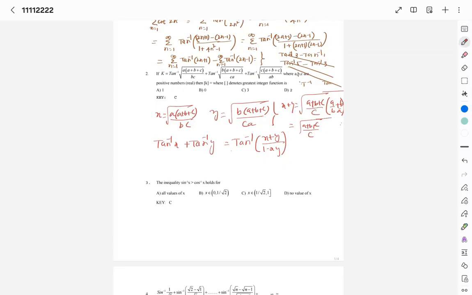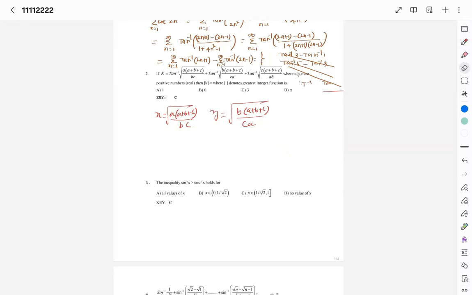What can I take common? I can take a plus b plus c by c, a by b plus b by a, under the root. Then you get a plus b by root ab. Am I right in what I am writing?